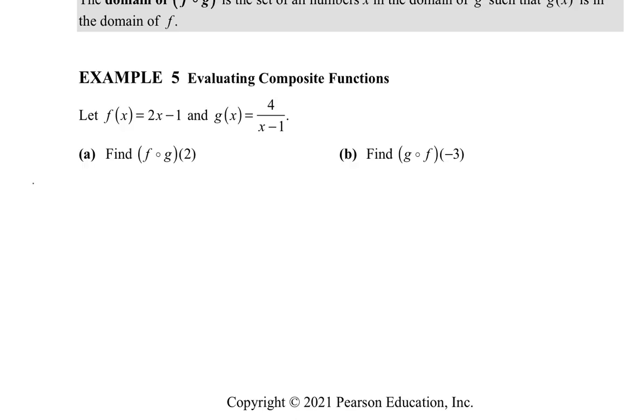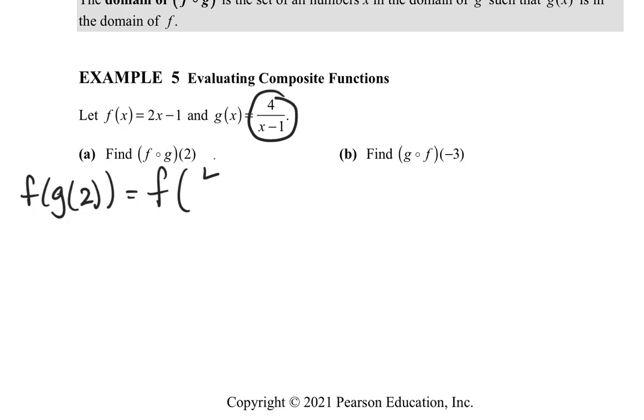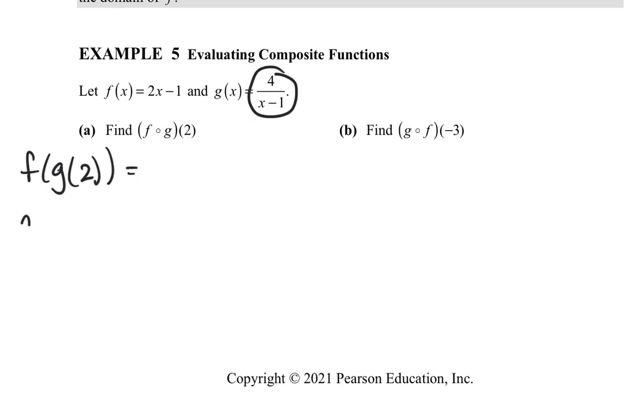So we're going to do f of g of 2. Let me write it down like this. The first thing I'm going to do is find g of 2. So g of 2 is 4 over 2 minus 1. 4 over 1 is 4.